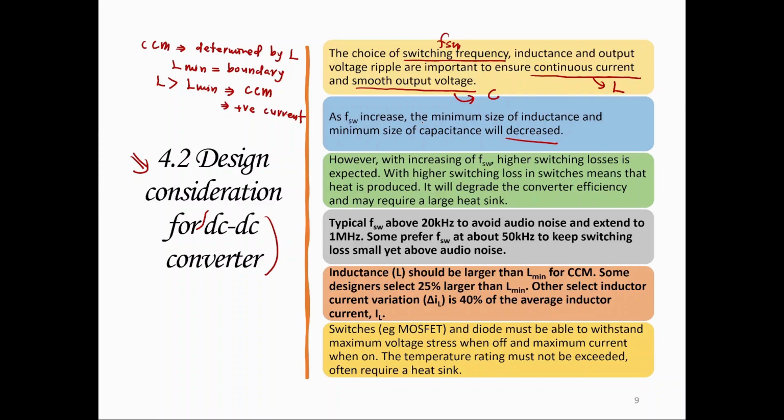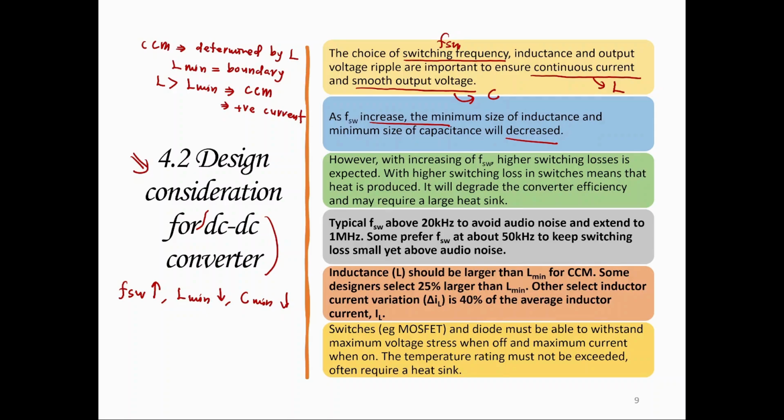Why is that? You can refer back to the equation of L and C. You can see your switching frequency is at the denominator side, the bottom part. So when you increase the switching frequency, it will result in a smaller value of your inductor and your capacitor.